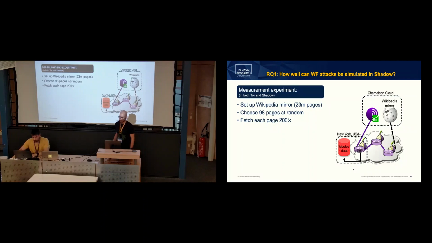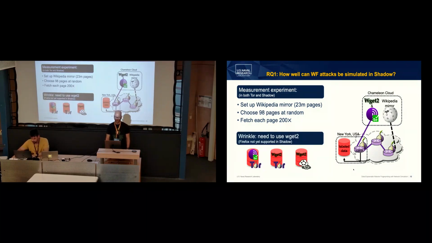We set up a measurement experiment on the Tor network, or on the internet. We set up a Wikipedia mirror, which gives us access to 23 million pages, and a relay that we patched to export the patterns we need for website fingerprinting. Then we chose 98 pages at random from the Wikipedia mirror and fetched each page 200 times.